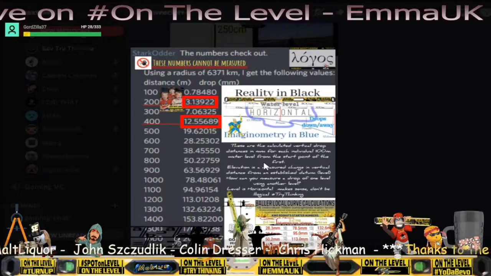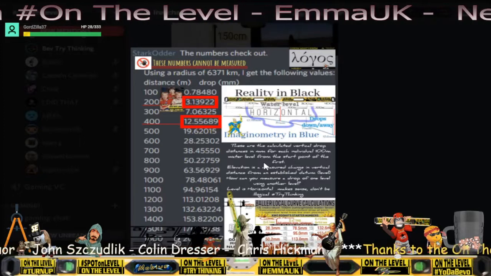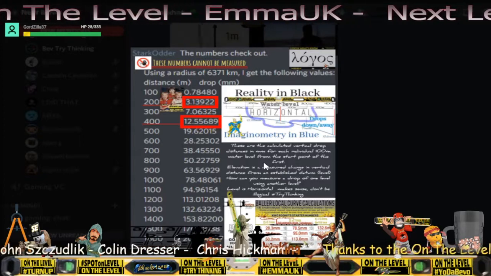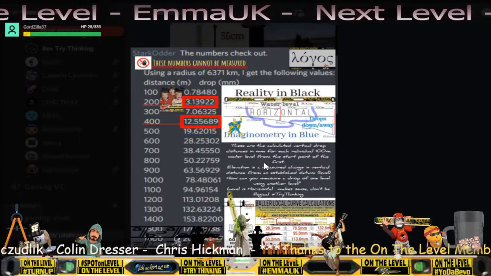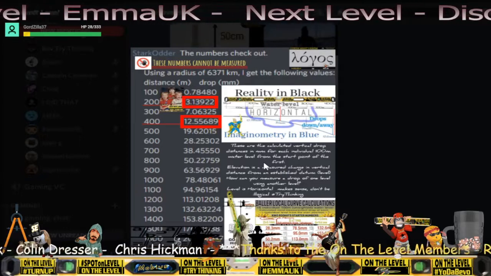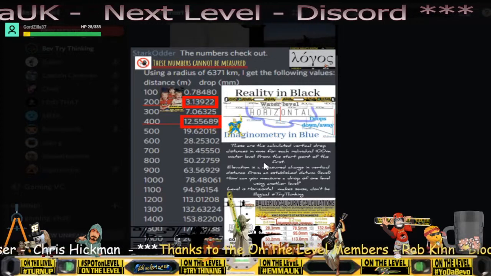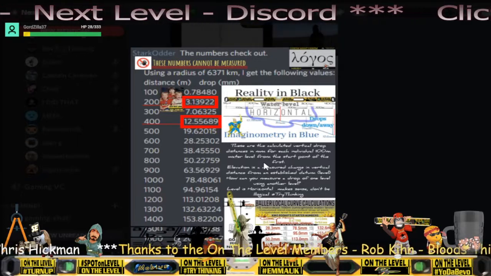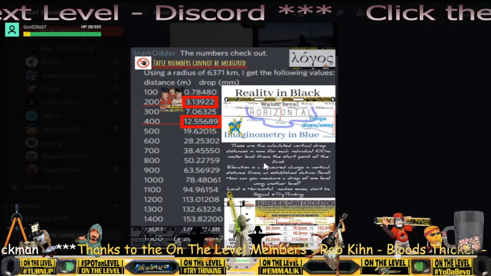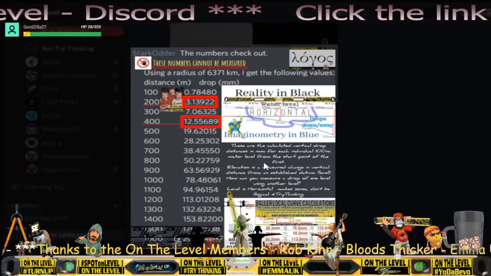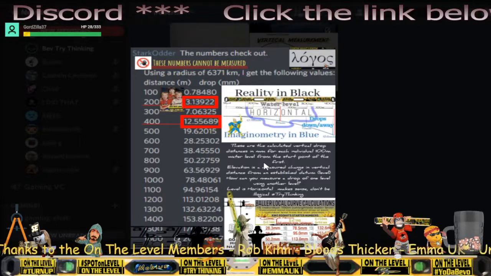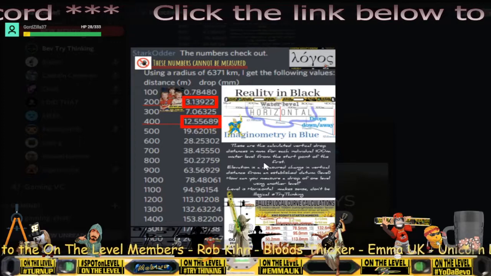I know you don't say you go with them, but they've come up with the number for 800 meters, which is half a mile, of 50.22759 millimeters. That's millimeters to 1, 2, 3, 4, 5 decimal places.